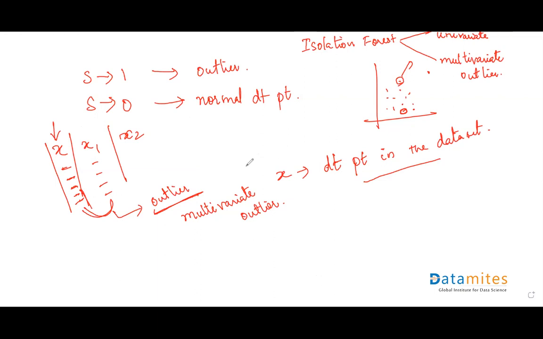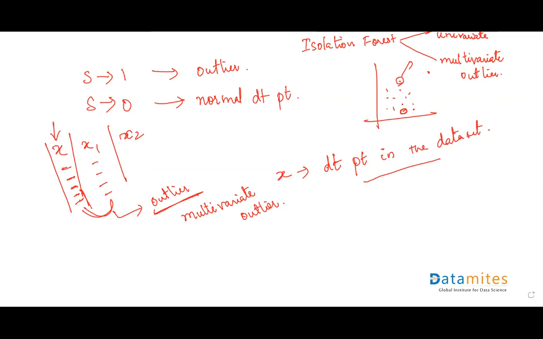We will see the implementation where you can see how the isolation forest works, and based on the score, how we can decide whether a data point is an outlier or a normal data point. So let us go to the implementation part.